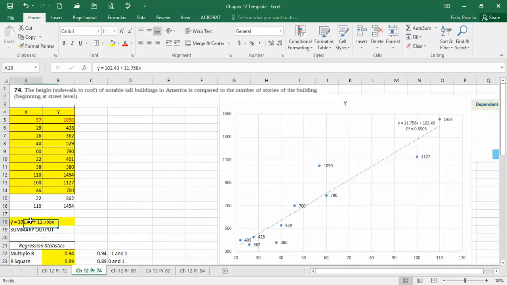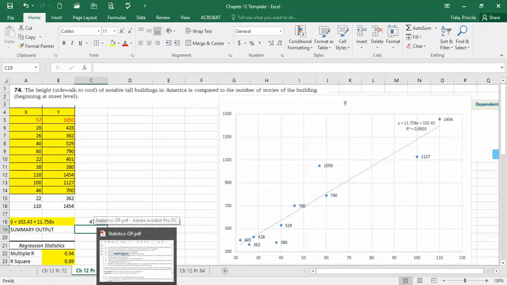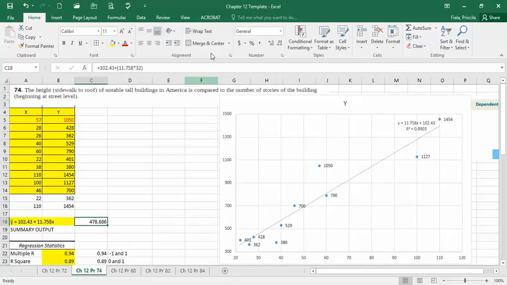All you have to do is get this equation right here, and then do equals the intercept plus the slope times, and then right here it says 32. That's your answer right there. 478.7. This is height.